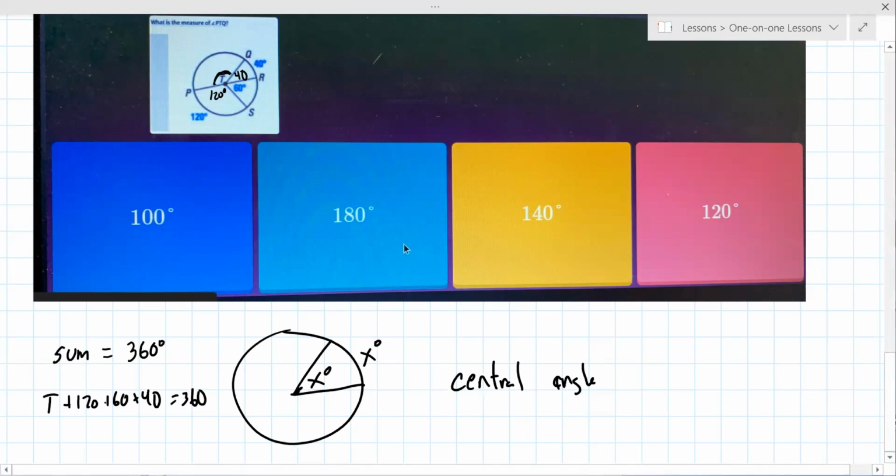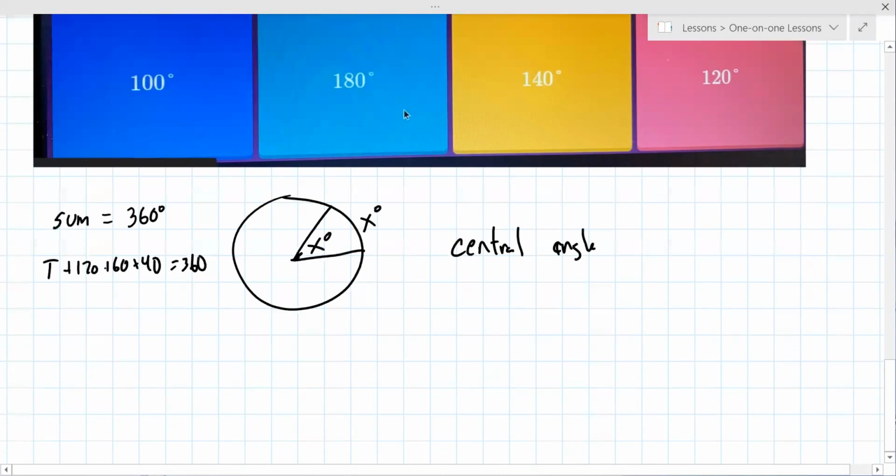Sure. Okay, thank you. T equals 140. I agree. So it's that one there.